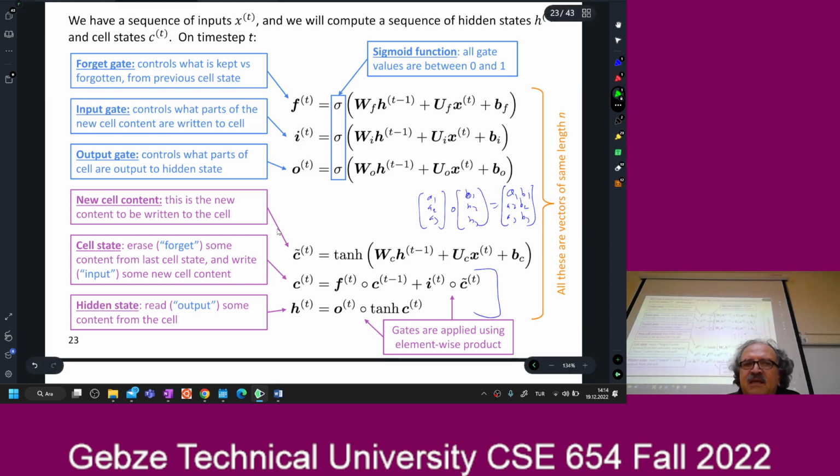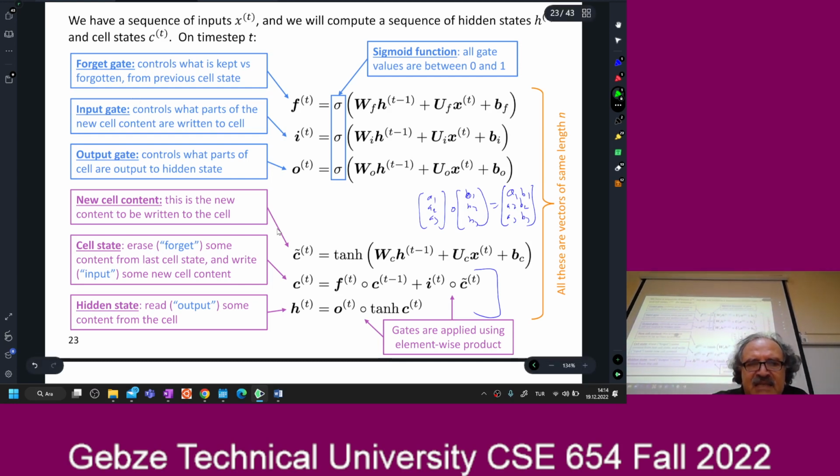For input, it is either input this one, or don't input it. Okay, ignore this part of the input or don't ignore it. For output, output something related to this part or output something that is not related. Okay, completely ignore that part of the output. Okay, so that is the forget, input and output gates.